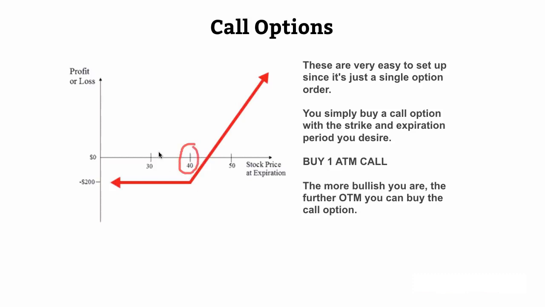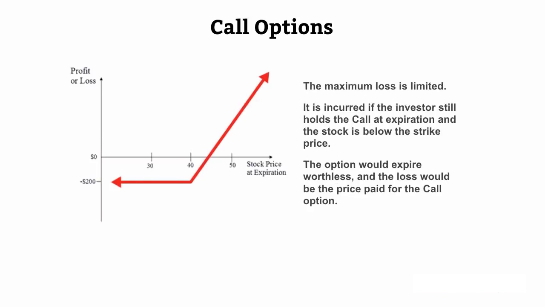If the stock was trading at $30, you might buy an out of the money 40 strike call option, meaning the stock price isn't quite at the strike price yet. So again, where you buy the options is determined by how bullish you are and how much time you need until expiration.